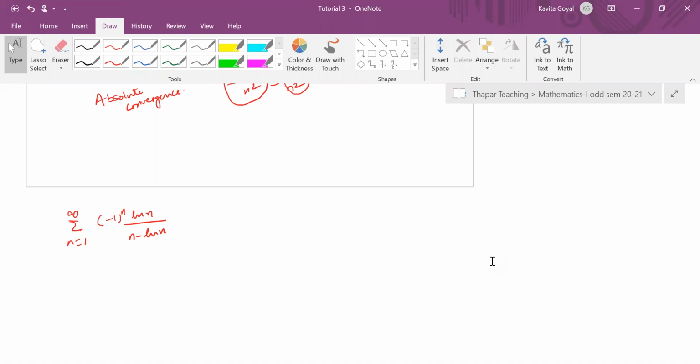Conditional convergence. Is the series itself convergent?